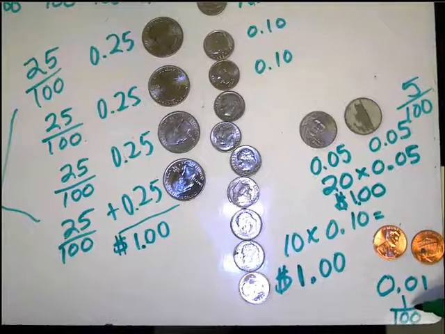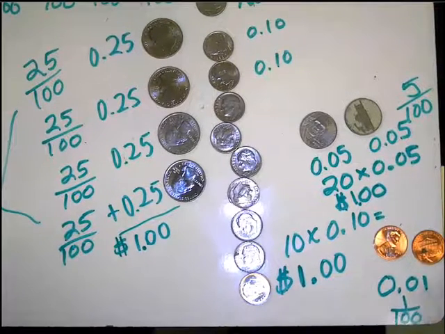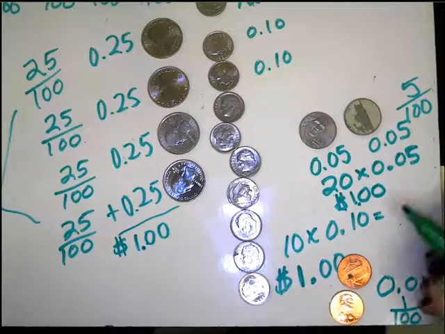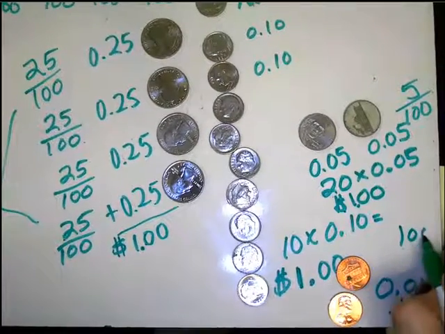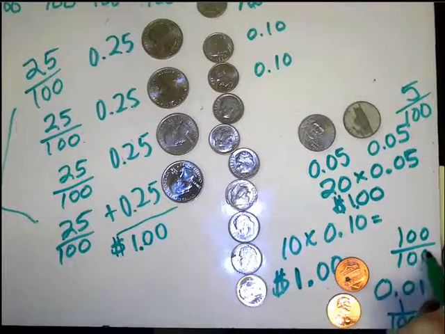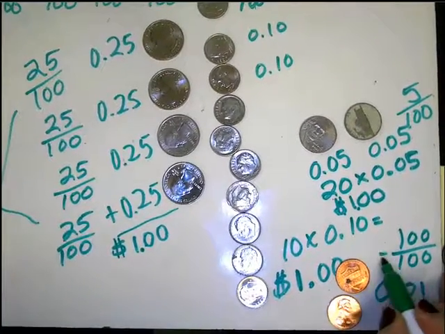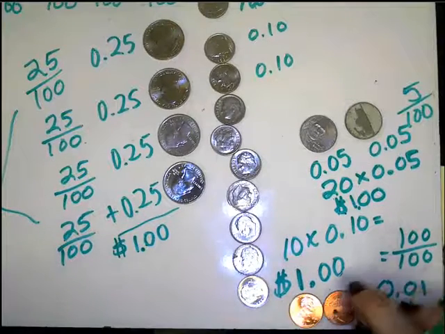Okay, so it takes 100 pennies to make one whole dollar. 100 pennies would look like this. 100 out of 100 to equal one whole dollar.